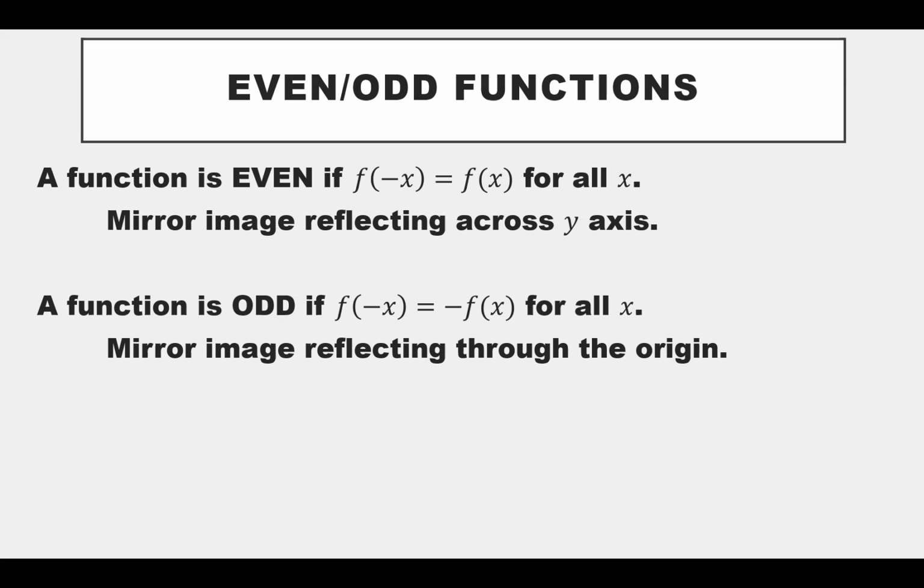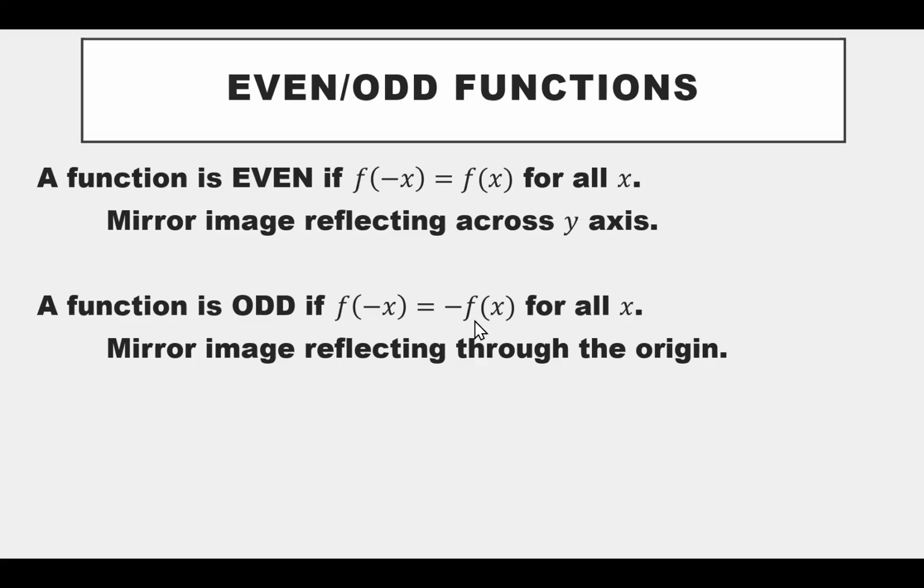An odd function is one where if you plug in a negative x value, instead of getting the same thing out as if plugging in a positive, you get the negative of what you get when you plug in a positive.